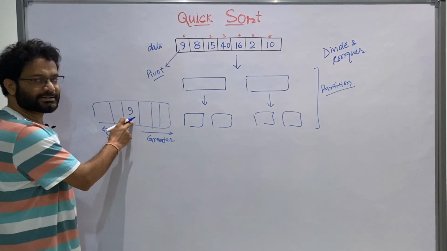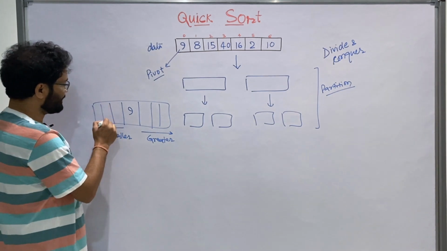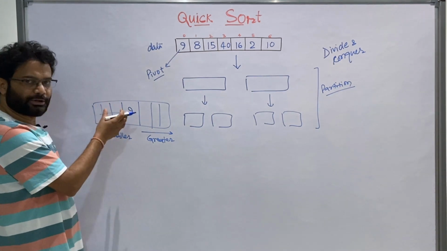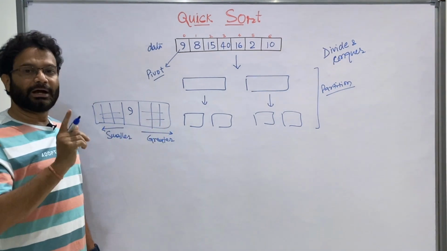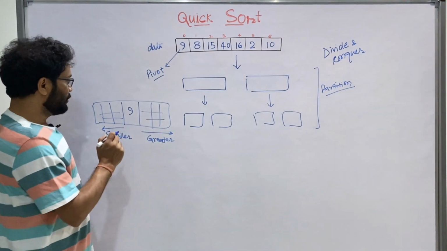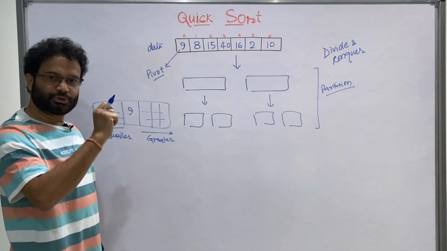That means this 9 is in its sorted position, right? The other numbers could be anything, sorted or not sorted. I am only concerned with this 9, which should be in its sorted position.